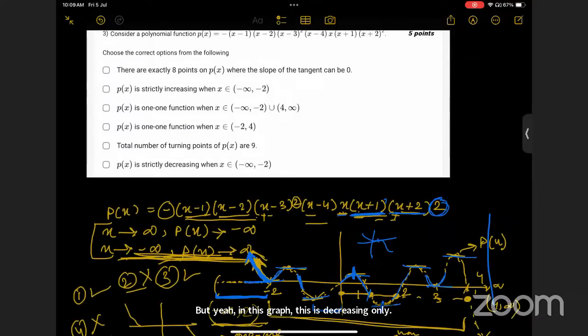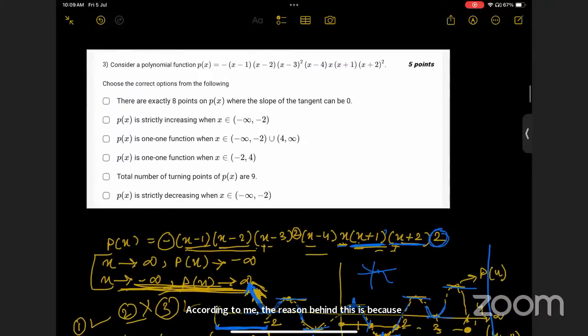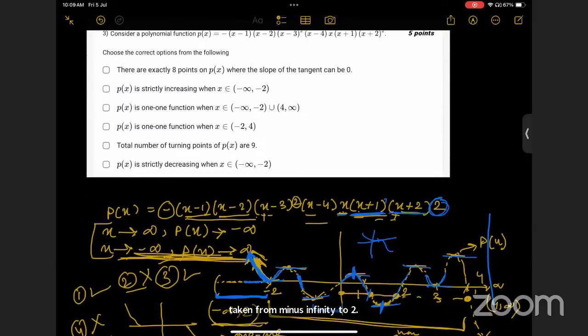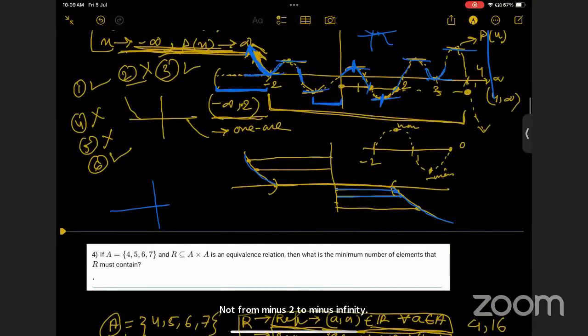Ma'am, actually, according to me, the reason is that it is taken from minus infinity to 2, not from minus 2 to minus infinity. No. See, if we separate this graph and take an x here and x plus 1 here, this x(n+1) is greater than this x(n), right?